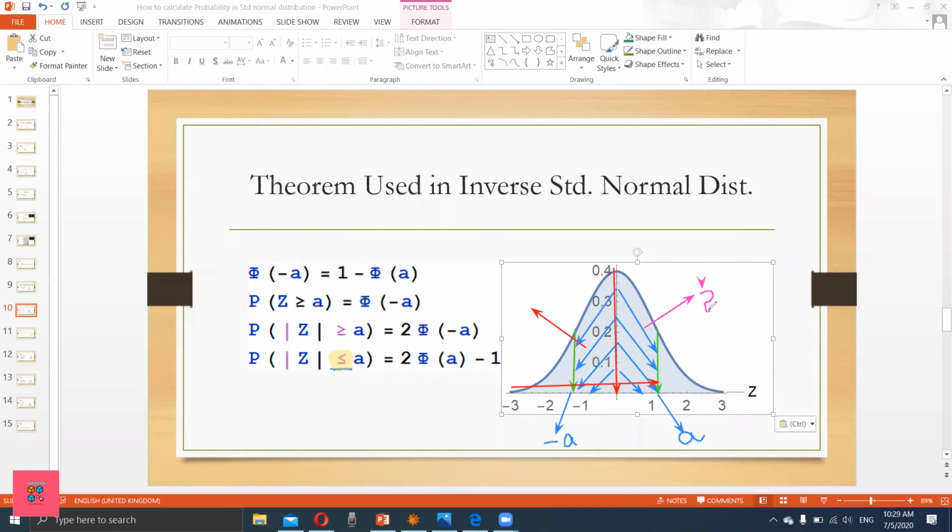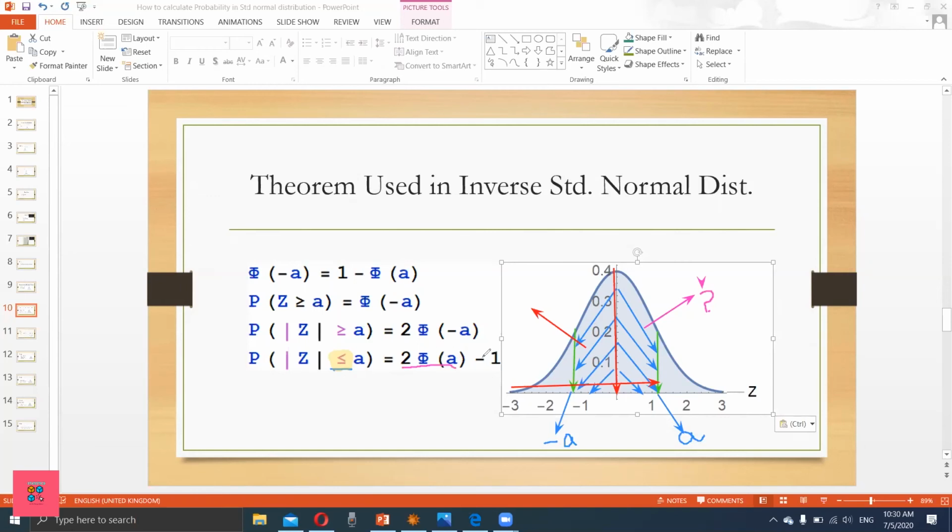Whenever we multiply by 2, it is also twice, one from the right side, one from the left side. So 2 phi of a gives you the area, red line, and again red line, twice red line. It means this is the area added in this 2 phi of a twice.